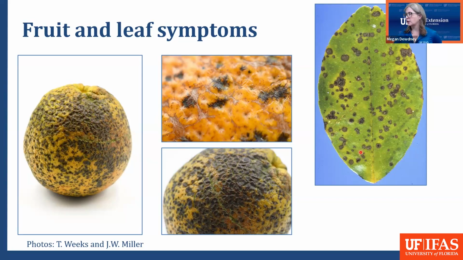So you can see that branching, and this is an older picture of the algal spot on the leaves, because I still haven't seen it in the field, and so I don't have a good photo of my own, unfortunately. So that's algal spot symptoms on the leaves and fruit.